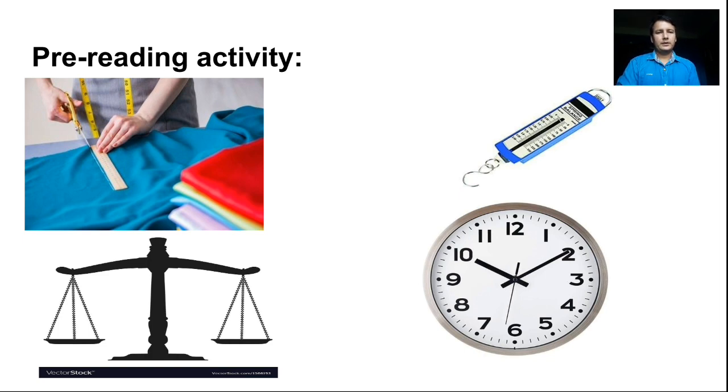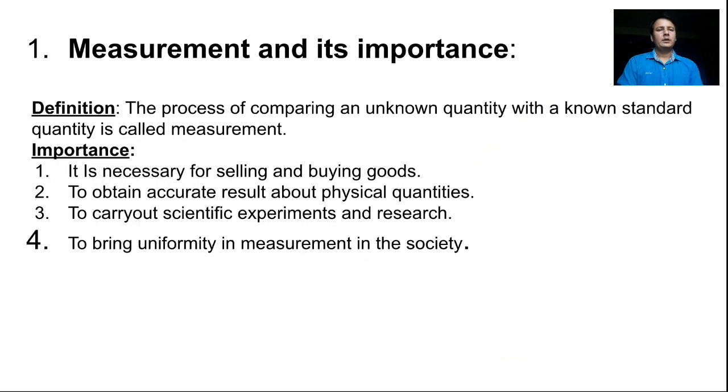We have seen this clock also. It is used to measure time. It is very important to measure time. Those pictures in the pre-reading activity all measure physical quantities like length, mass, weight, time, etc. They are used for measurement. So now let's go to the topic.